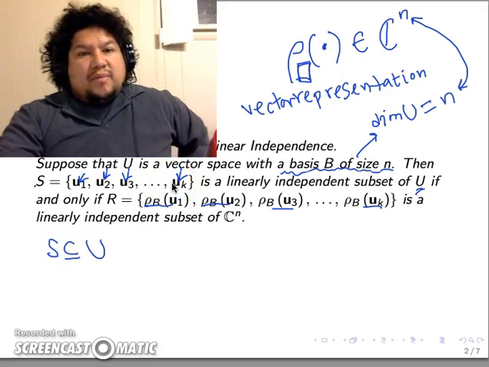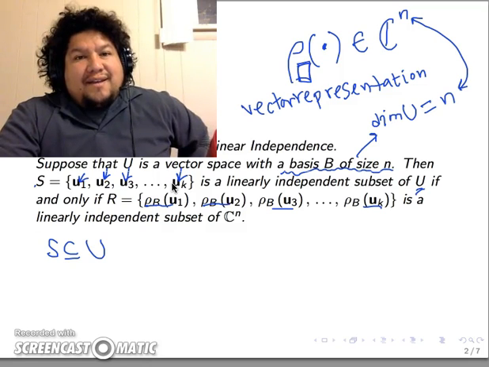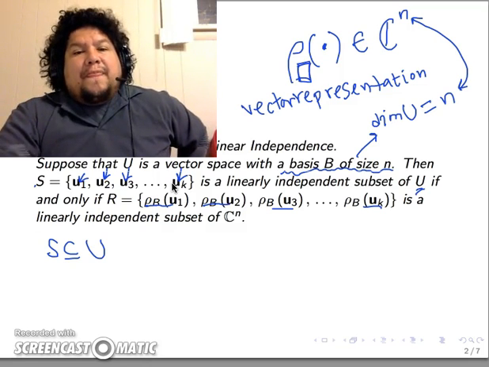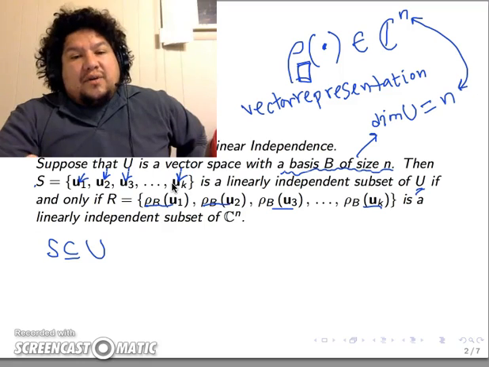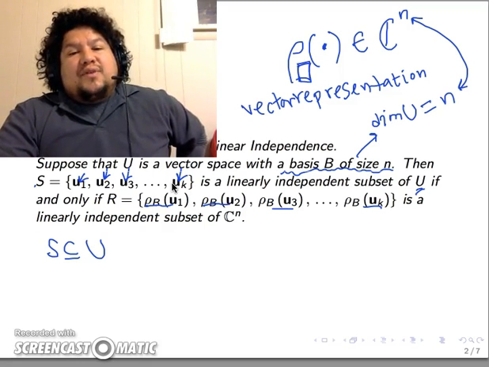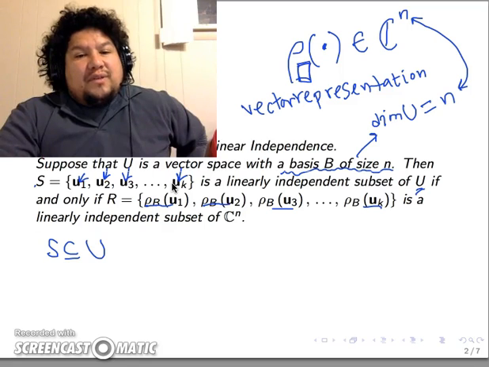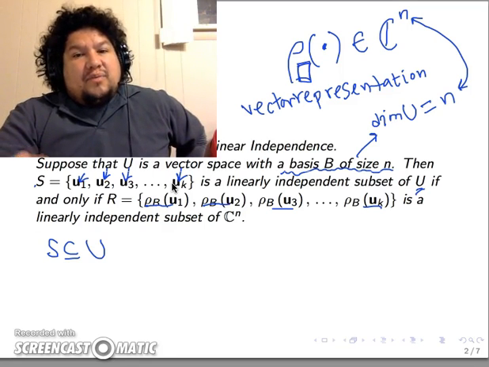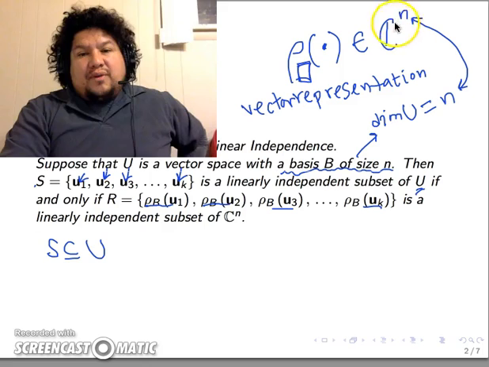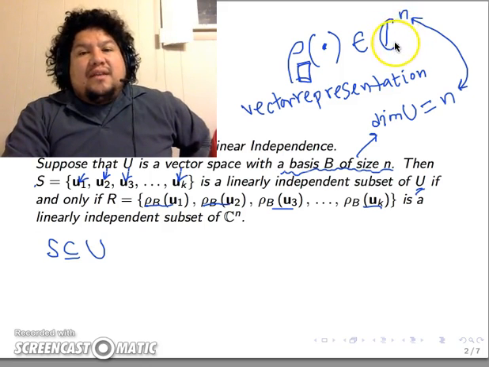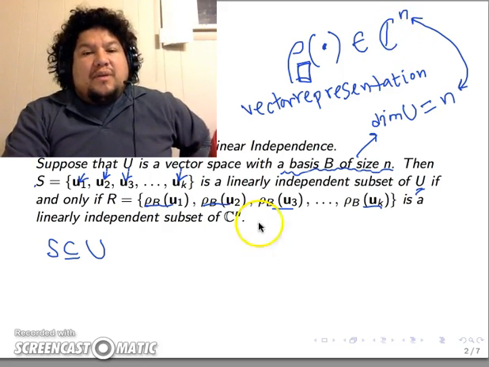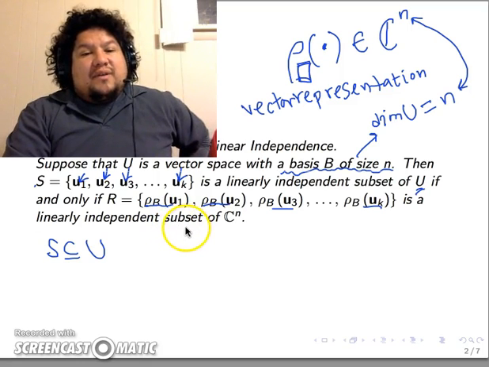We don't know what those members are because we're assuming that this is a general vector space U. However, we are going to refer to the vector representation, rho sub b, at u1, u2, u3, all the way through uk. Each of those representations will be a vector in Cn with values, each of those values assumed to be a complex number, that we understand quite well.